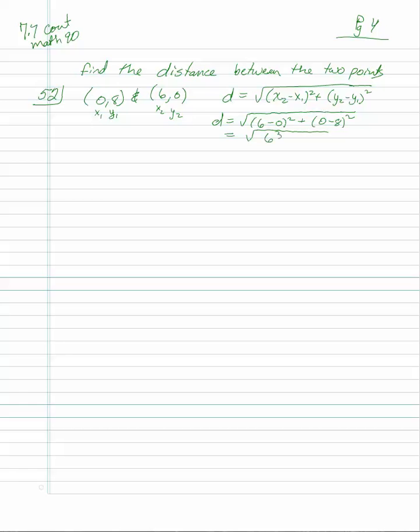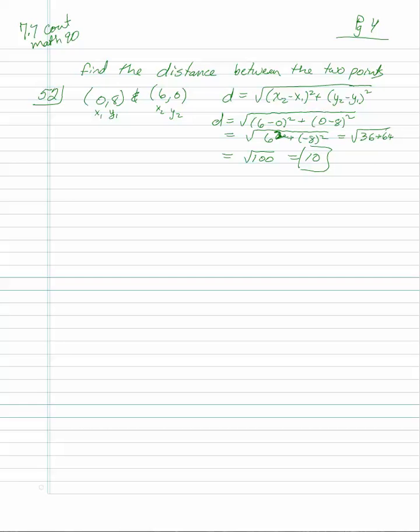So that'd be 6 squared plus negative 8 squared, which is 36 plus 64, which is square root of 100, so that's 10. So the distance is 10 between those 2 points, 10 units.